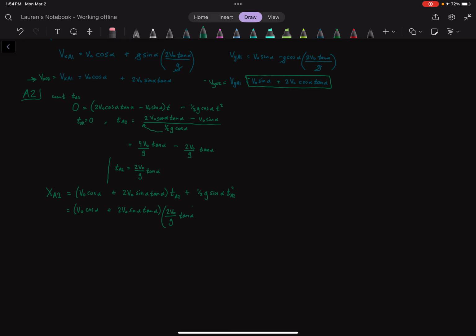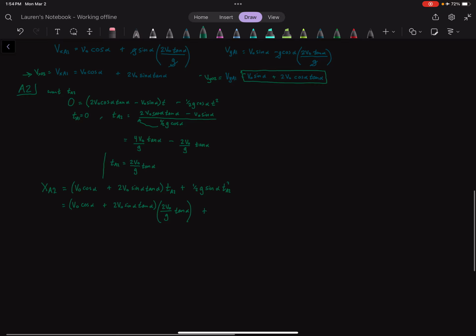And then let's give a nice healthy end parenthesis there, plus 1/2 g sine alpha times 2 v naught over g tangent alpha, and that t is squared.